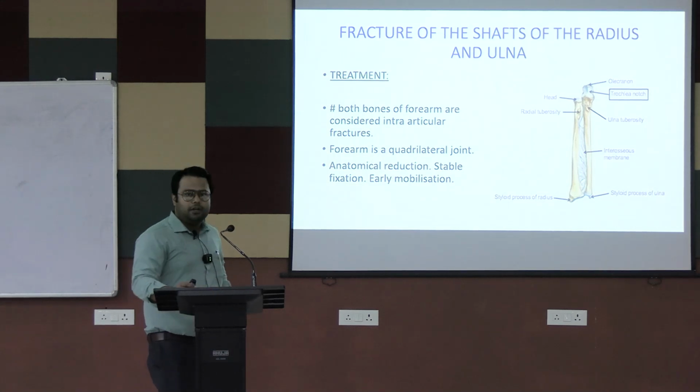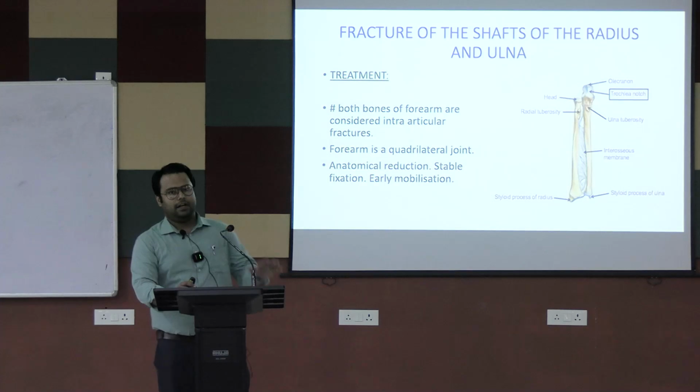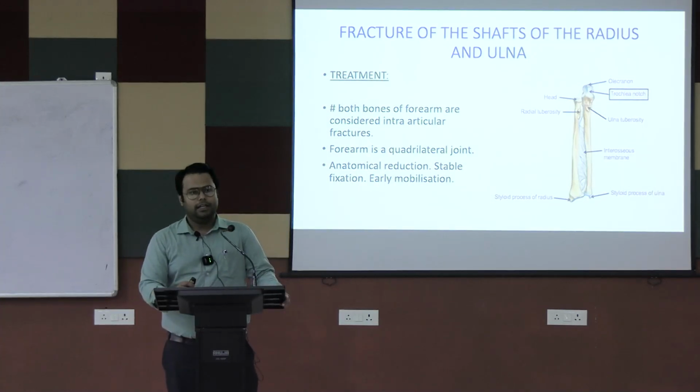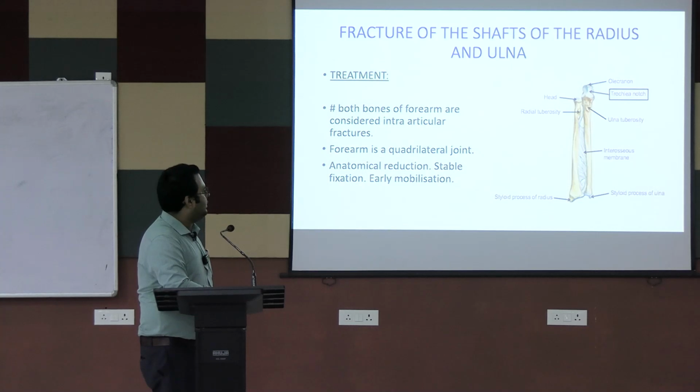Lastly, coming to the treatment of fracture of both bones of the forearm. One interesting thing is that fractures of both bones of the forearm are considered intra-articular fractures. So what are intra-articular fractures? Intra-articular fractures are fractures involving any joint. Our forearm is considered a joint, consisting of the proximal radioulnar joint, the distal radioulnar joint, and the interosseous membrane.